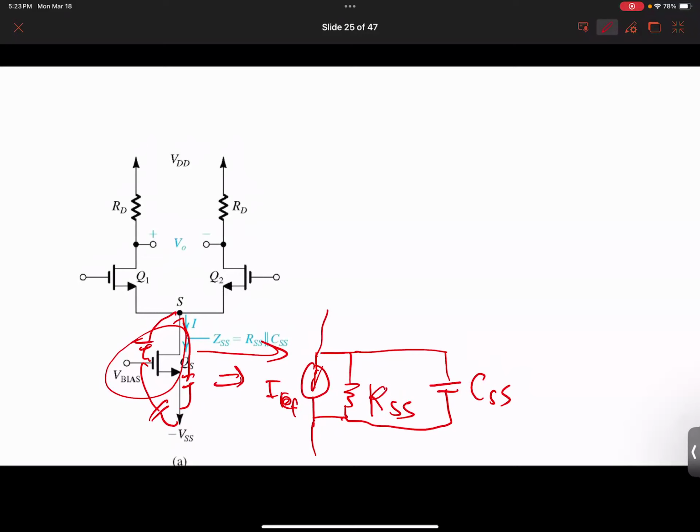From the differential amplifier we just learned a couple of weeks ago, when we have this differential input, do you still remember what happened with the current source below that? For differential input, the current goes this way for small signal. Therefore, the bottom part over here doesn't matter.